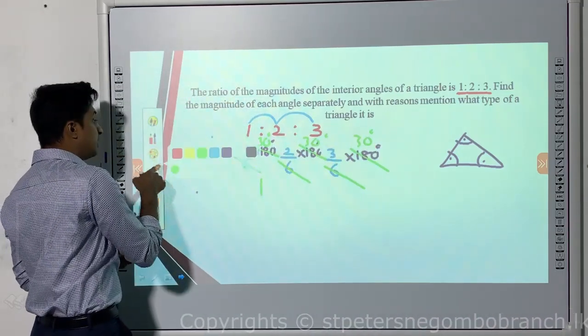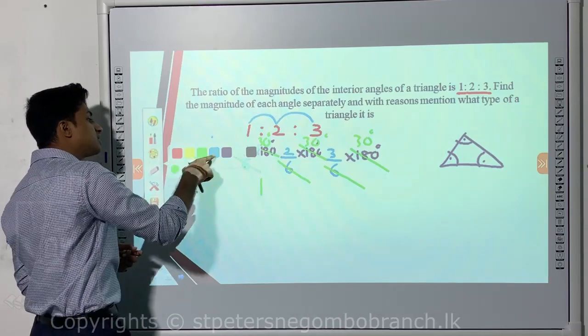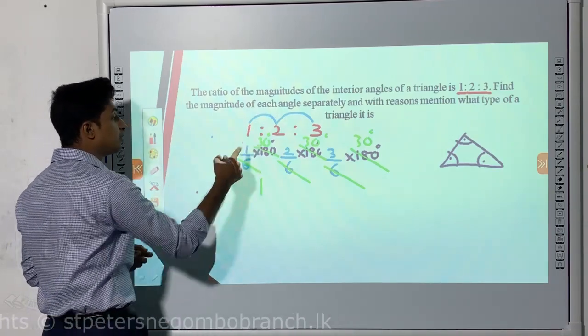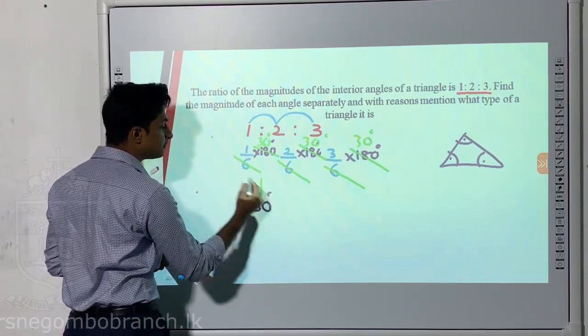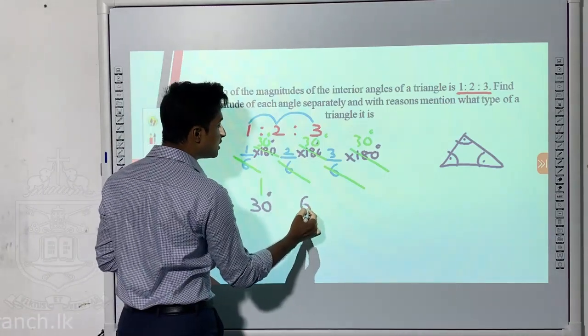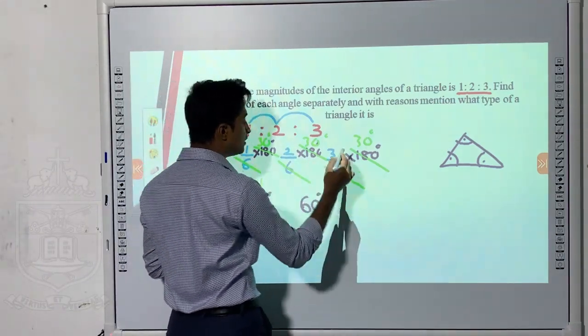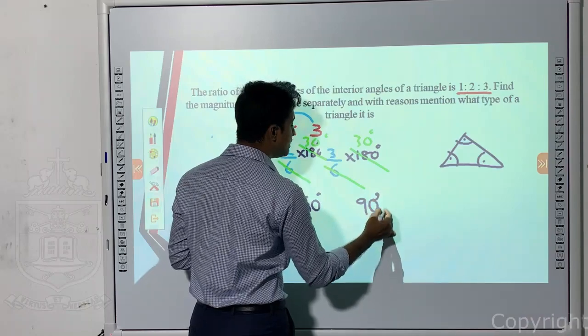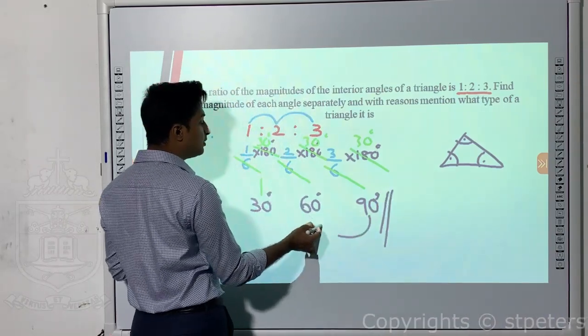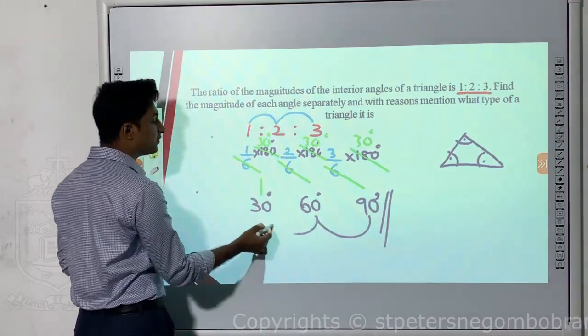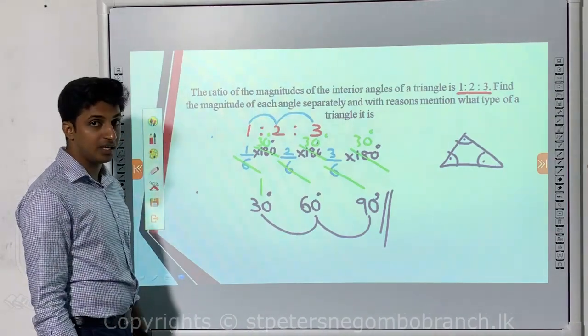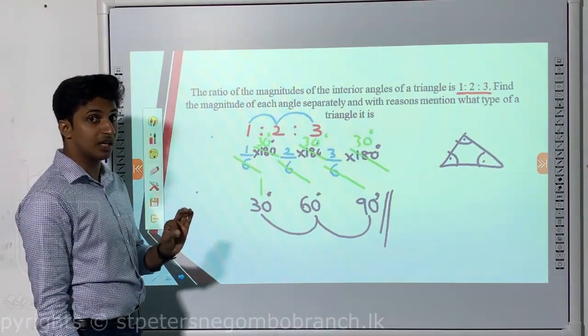Then if I take the multiplication and get the answer, right? So 30 degrees from here, 30 times 2 is 60 degrees from here, this is going to be 90 degrees. So these are the three angles. Add and see, 90 plus 60 is 150, 150 plus 30 is 180. So our theory is perfectly correct.